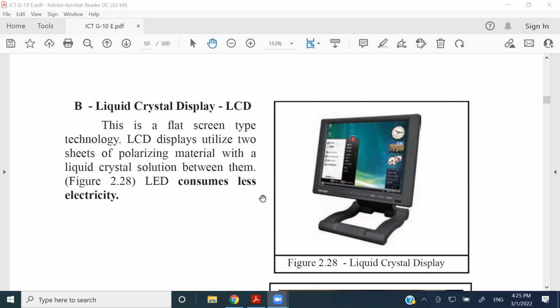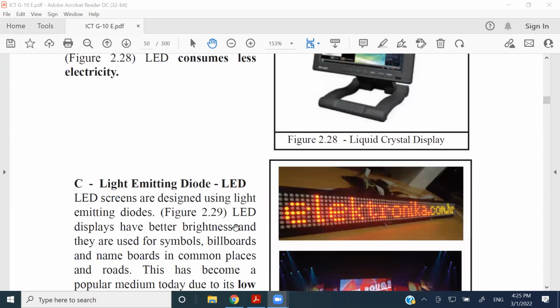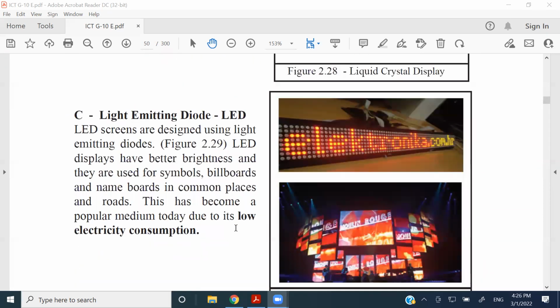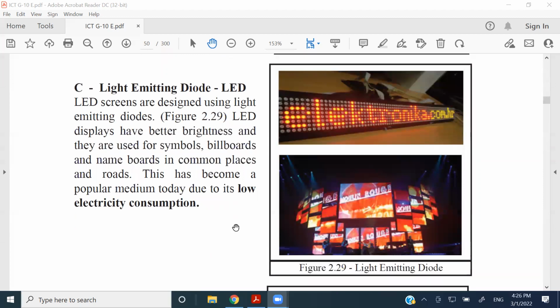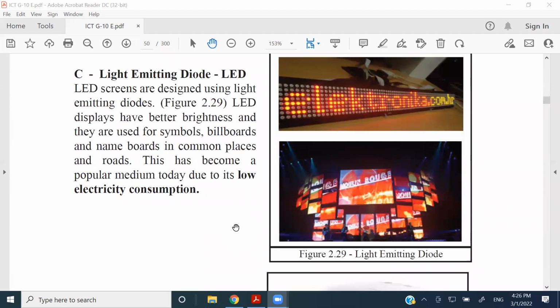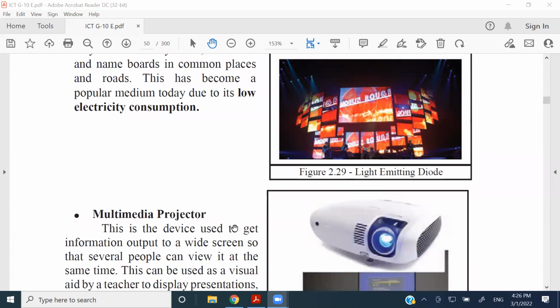So the LED is the one which consumes the minimum amount of power. Now we have different kinds of LED versions like OLED and Ultra HD. The best facility with it is that it consumes very little electricity, so it will save electricity, in other words, right?